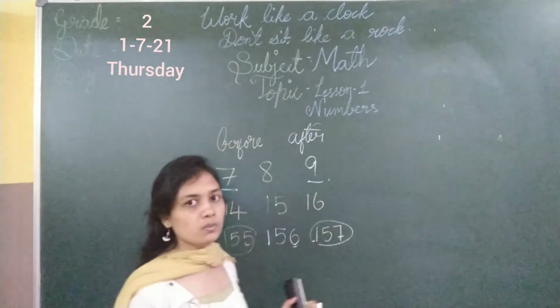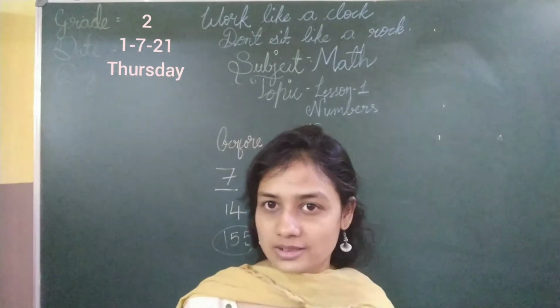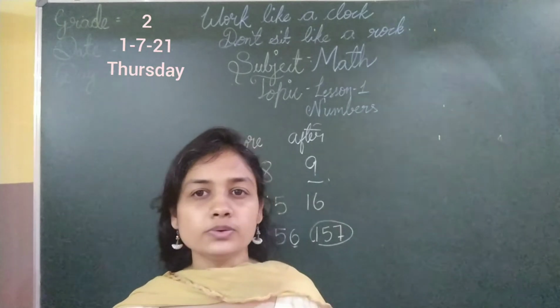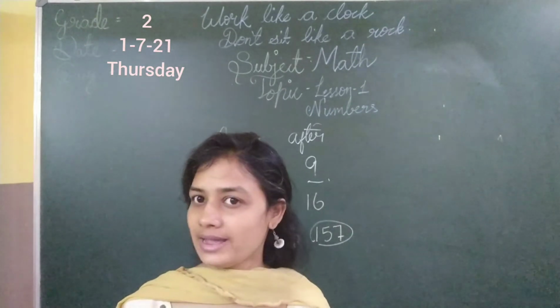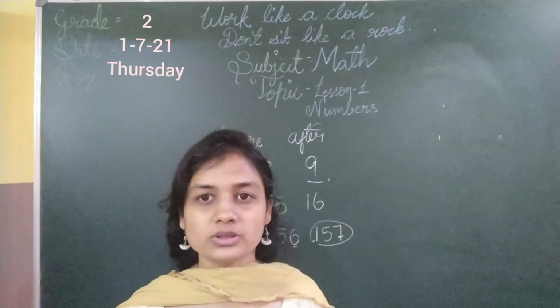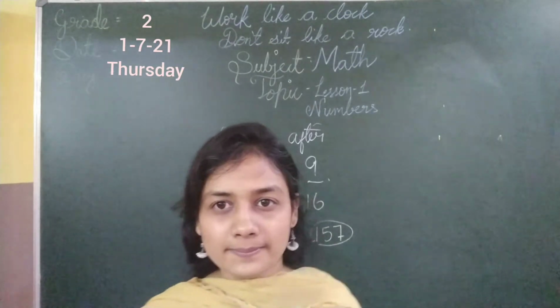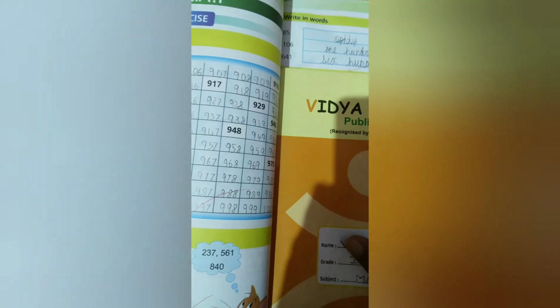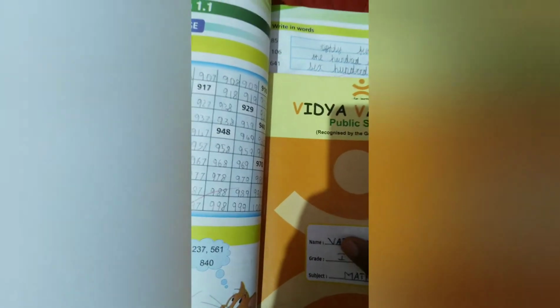Children, now we are supposed to write the classwork, and because it's your first class, I want you all to come along with me and write the classwork. Now I want everyone to open your book. Okay students, take your math classwork book.